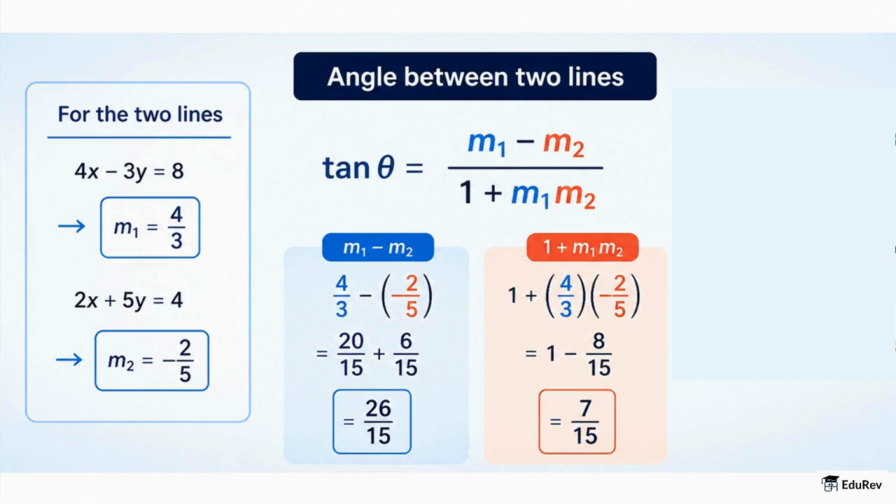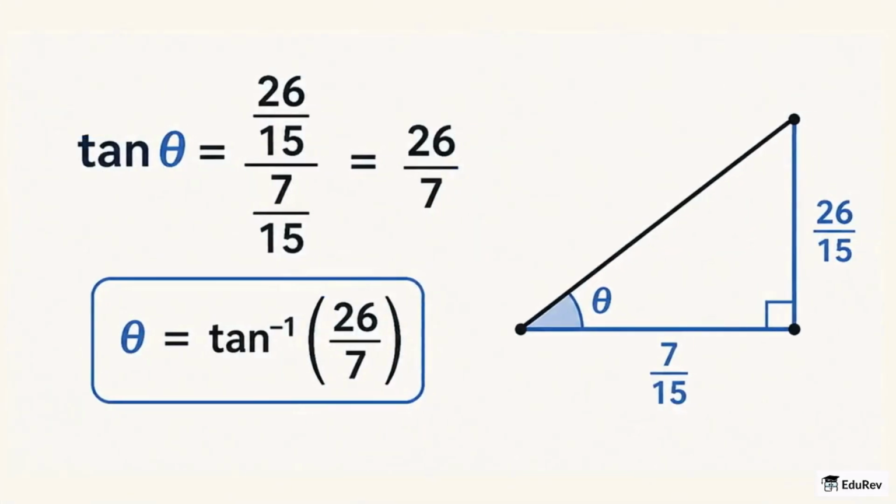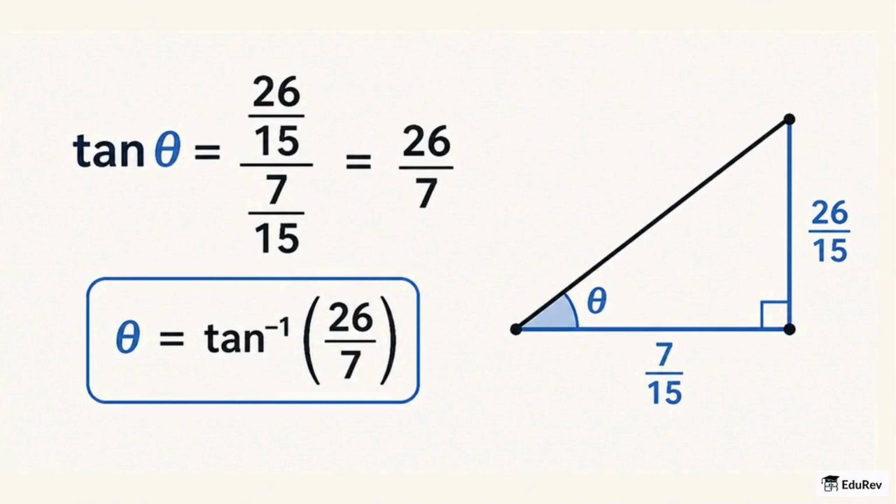Simplify to get 26 divided by 15, and 1 plus m1 m2 equals 7 divided by 15. Dividing gives tan theta equals (26 divided by 15) divided by (7 divided by 15), which simplifies to 26 divided by 7. So theta equals inverse tangent of 26 divided by 7.